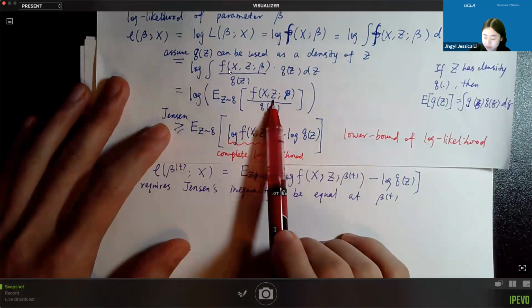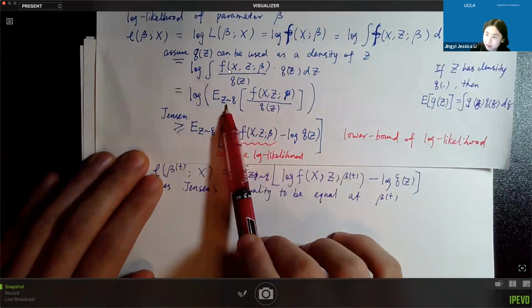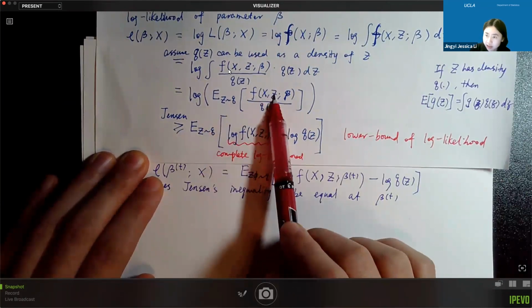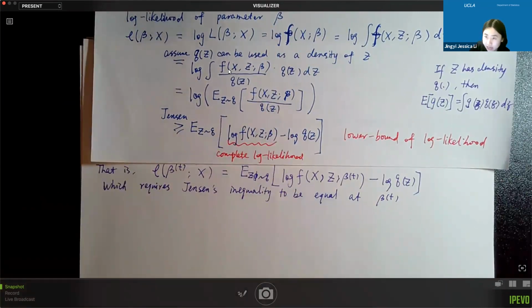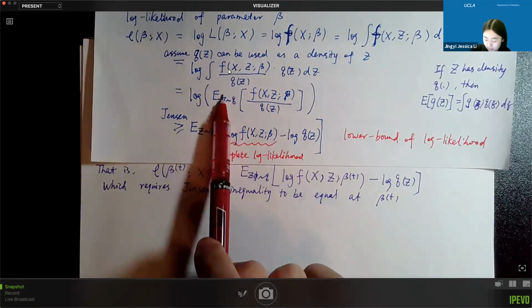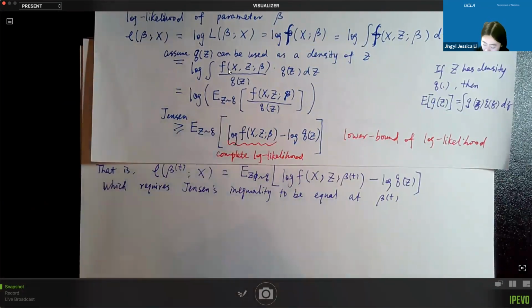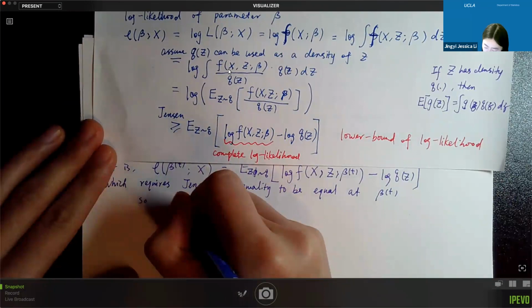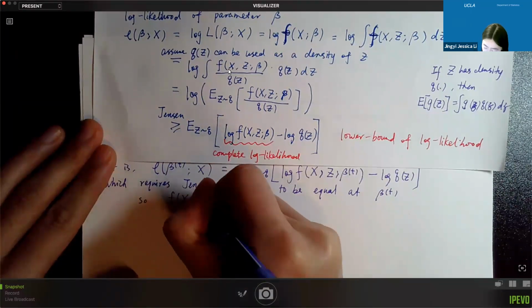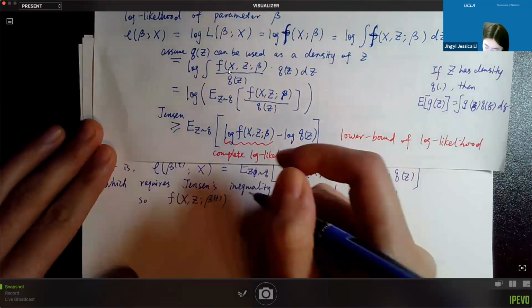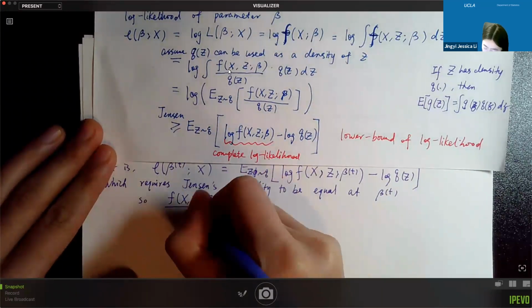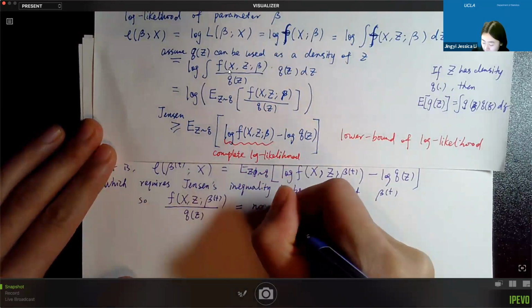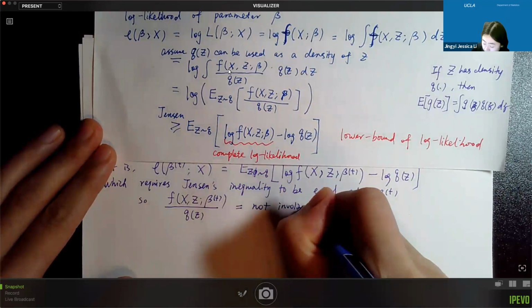And by constant, we mean that it has nothing to do with z anymore, because the expectation is taken over z. So whenever the ratio inside doesn't have z at all, it is considered a constant for this expectation. Therefore, what we need is this ratio, f(x, z) given the current value of beta t, divided by q(z), to be something not involving z.